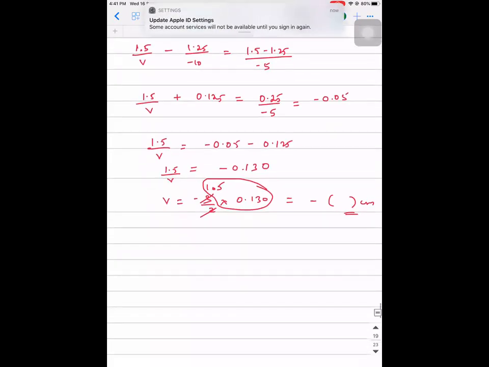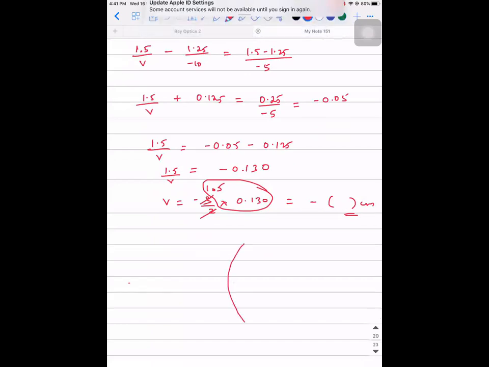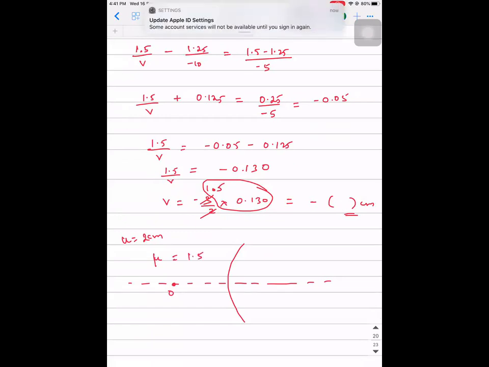I'm going to give you another question, solve it. What we are trying to say here is there is an object which is placed on the convex side of the refracting surface, where the refractive index of the medium is 1.5.